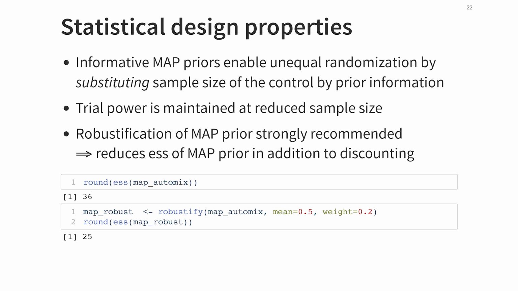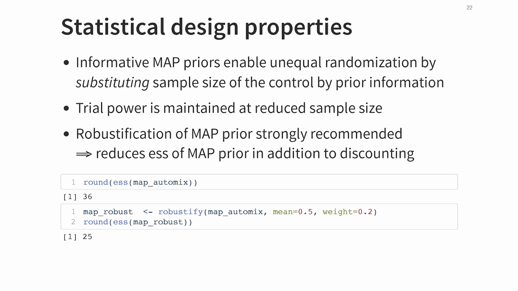Remember, we started with 513 patients. Now we robustified, and then we are at 25. Doesn't sound like a lot, but remember, classically, we would actually enroll 24 versus 24. So having a prior effective sample size of 25 is a lot. Not using any control patients is actually a bad idea, because then you lose randomization and blinding. So this is what we would not do.